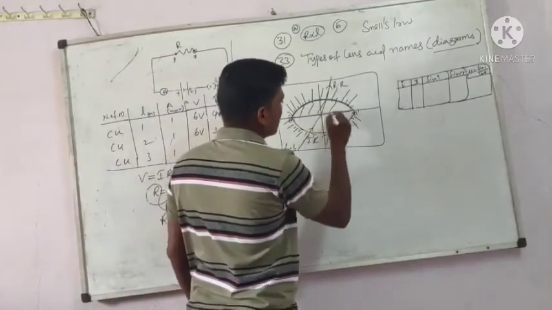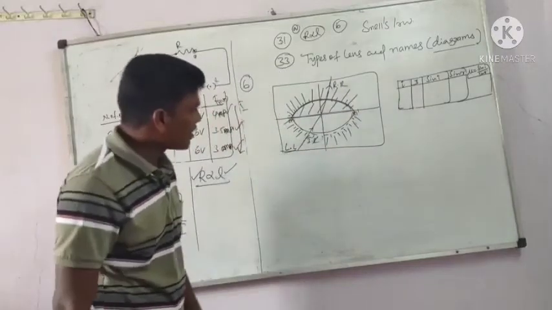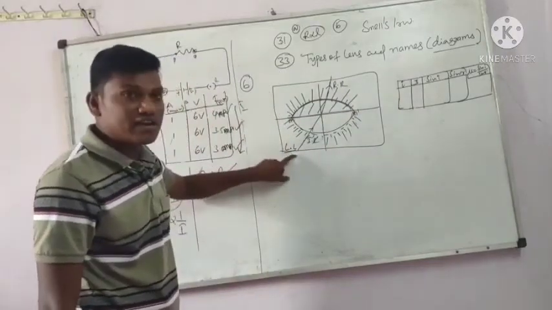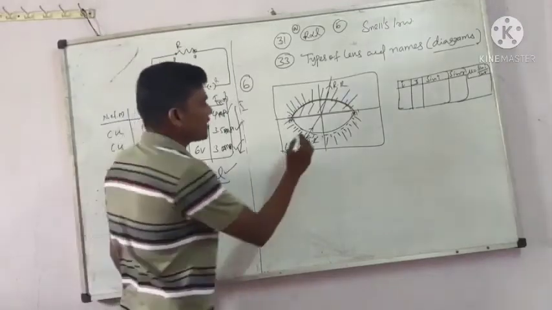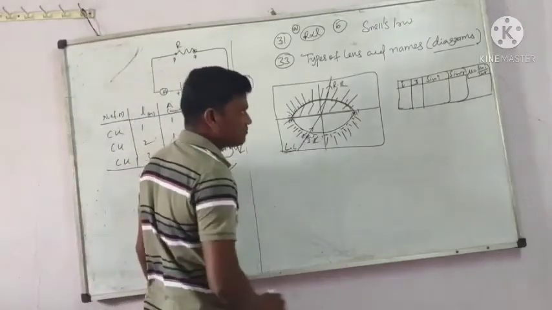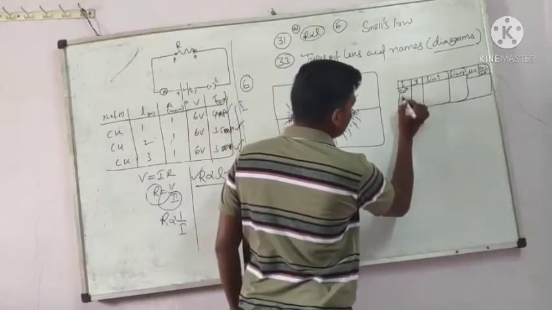Now we are observing that. We take one laser light and select one angle of incidence in our mind, for example 20 degrees, so i equals 20 degrees.